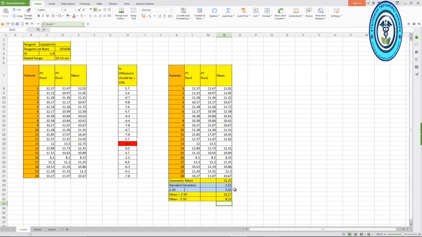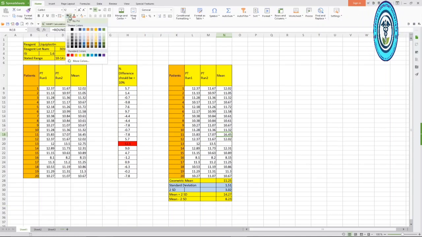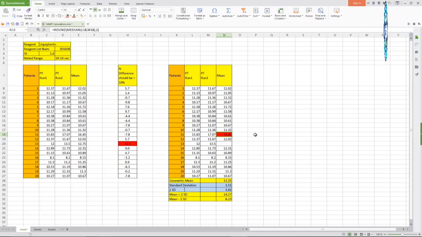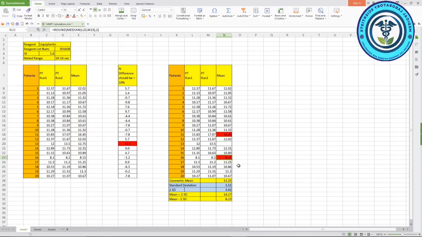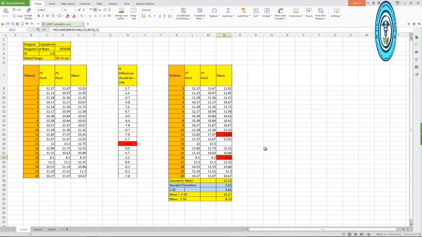Exclude all these outliers, that is, any value that does not lie within this range. In our example, these values are 16.45 and 8.15. 16.45 is greater than 14.27 and 8.15 is lesser than 8.23.